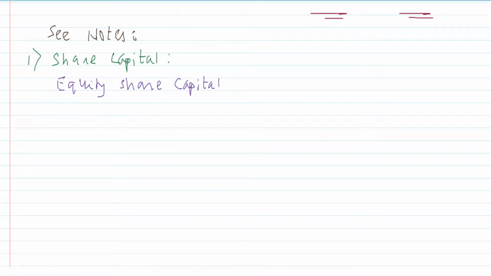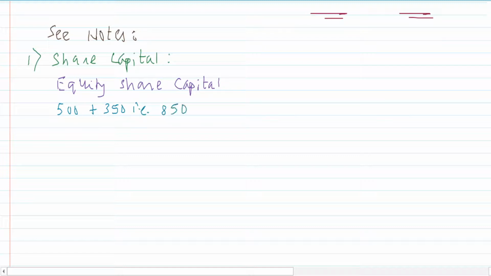So under equity share capital, we will say 500 plus 350. All the figures are in thousands. That is 850 equity shares at the rate rupees 10.